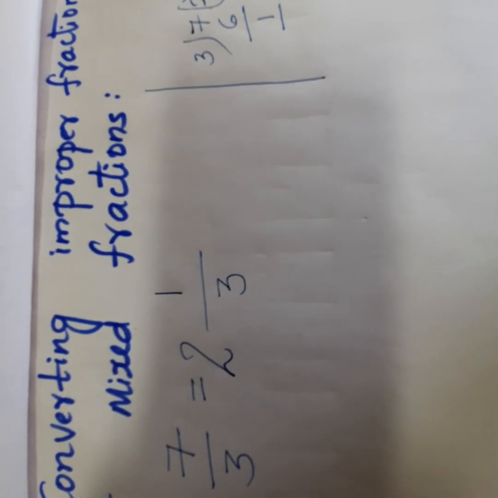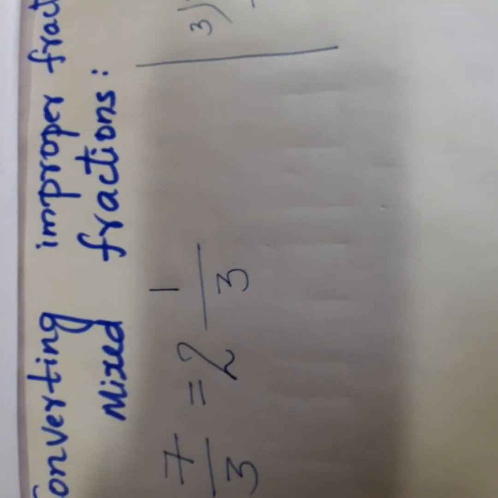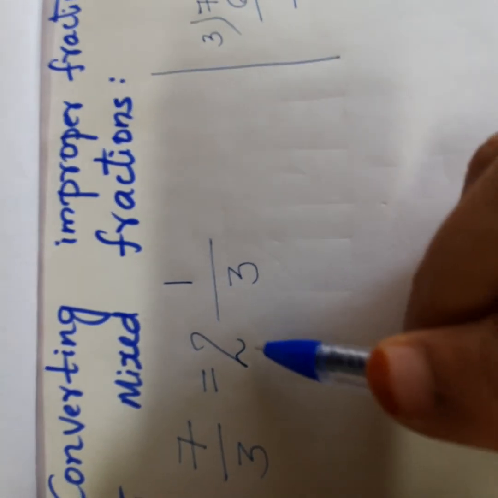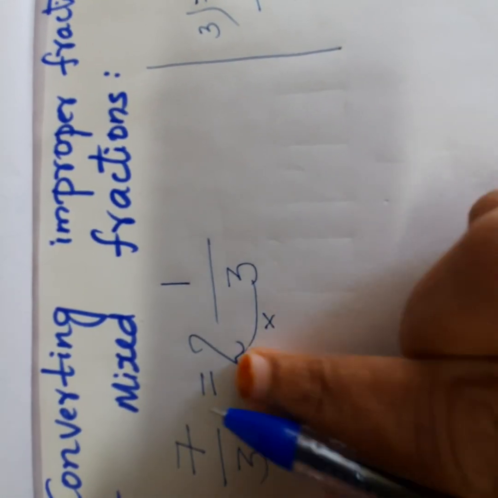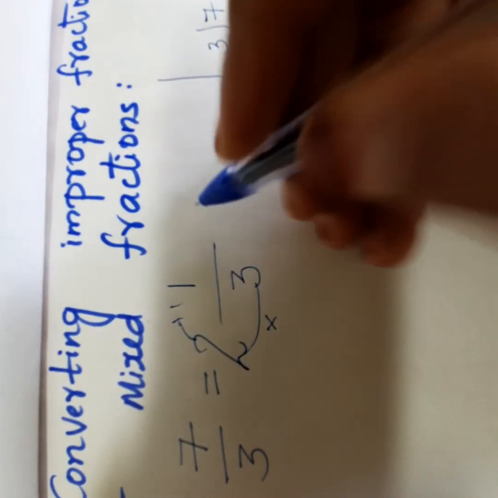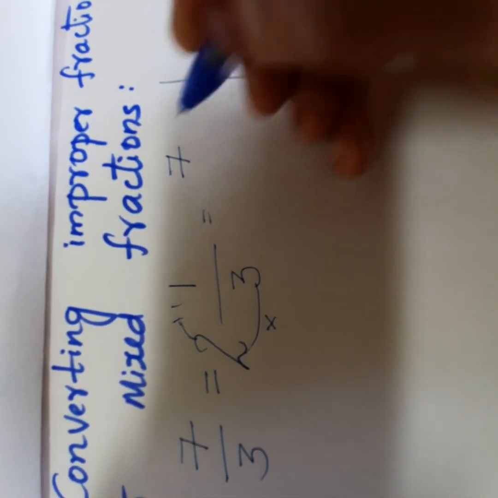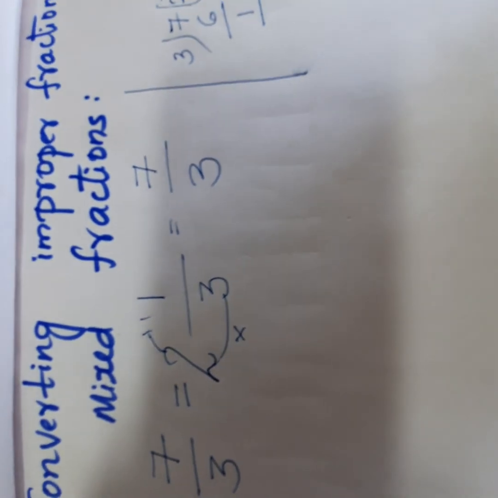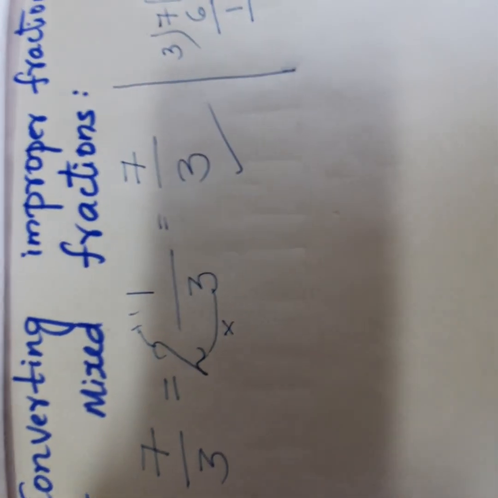Now we have to check whether what we have done is correct or not. So let us check it. 3 twos are 6. 6 plus 1, if I add, I will get 7. 7 by 3. Yes, what we have done is correct.